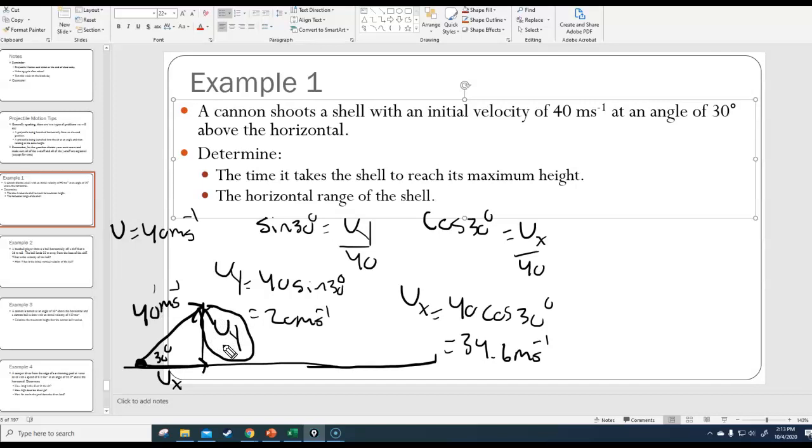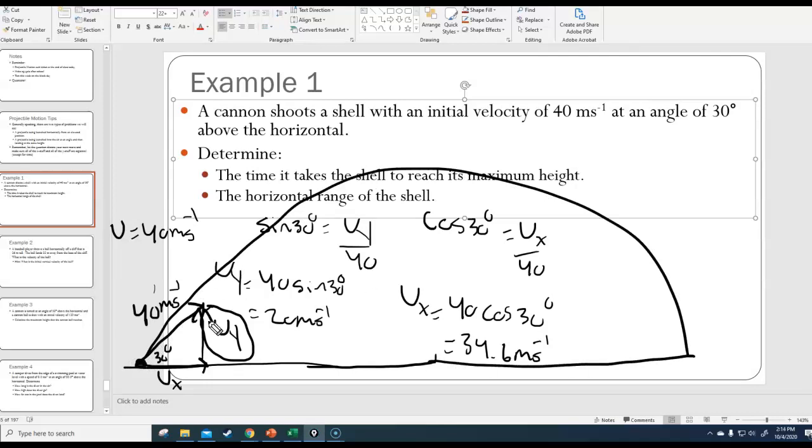Number two, all we just found was the y part of the initial velocity. In other words, this picture doesn't represent what is actually going to happen in the situation. What's actually going to happen is the cannon is going to go up and then come back down. So don't take this uy to have anything at all to do with the height. Okay, first of all.